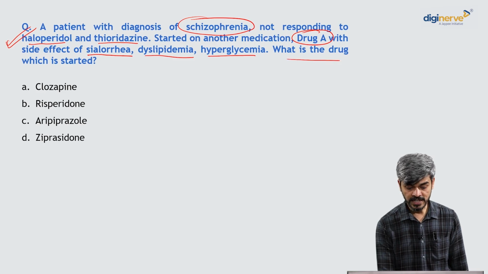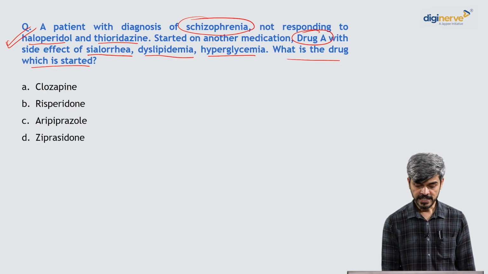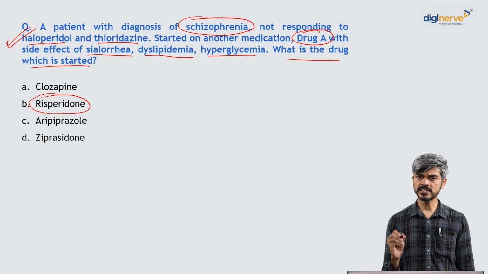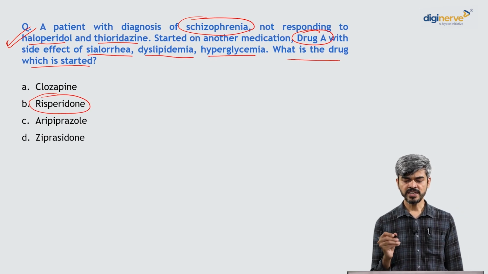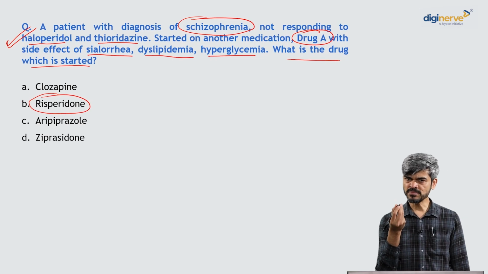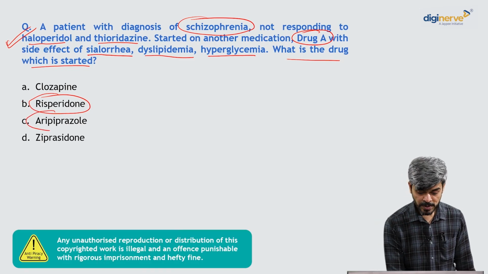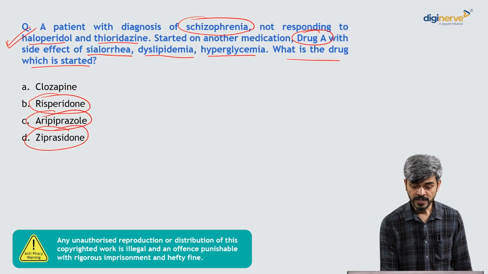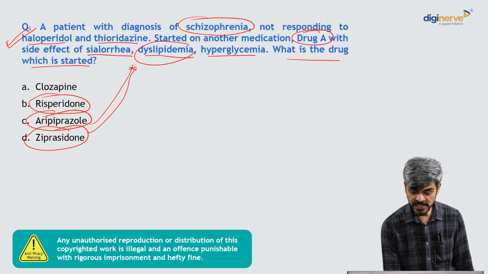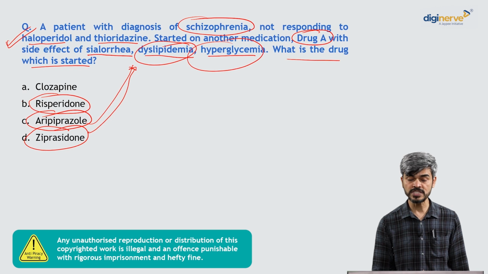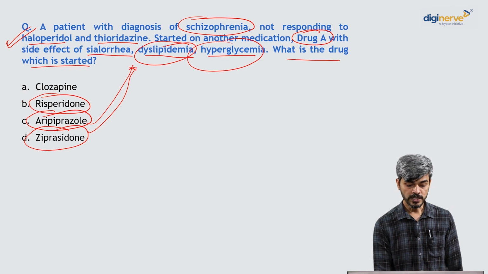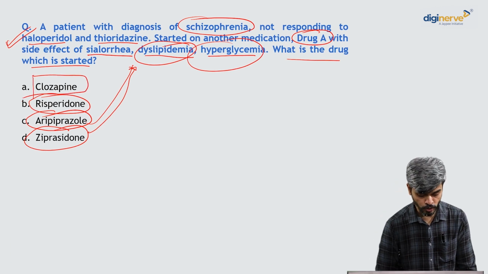So what is the drug which is started here, right? Is it risperidone? Risperidone can definitely cause dyslipidemia and hyperglycemia. Patients can complain of some excessive salivation, okay, but it's not very characteristic. Aripiprazole and ziprasidone have lesser chances of causing these adverse effects, especially the metabolic adverse effects that you see with other atypical antipsychotics. So the answer here is clozapine.